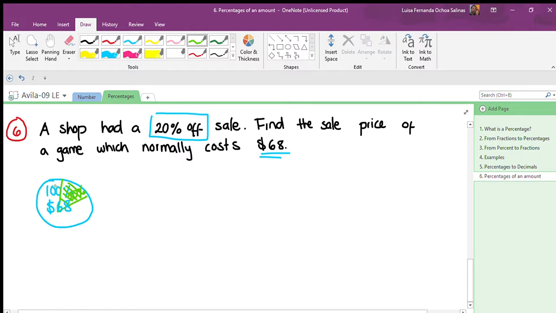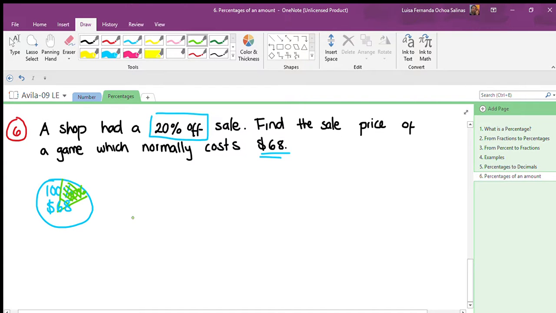So what do I have to pay? I have to pay the rest of the cake, what is left, because the shop is giving me this. Or another way of thinking about it, it's eating this piece. The shop is taking away this piece of the cake. So I don't have to worry about this piece of the cake that is 20% off. I only have to worry about the rest of it.